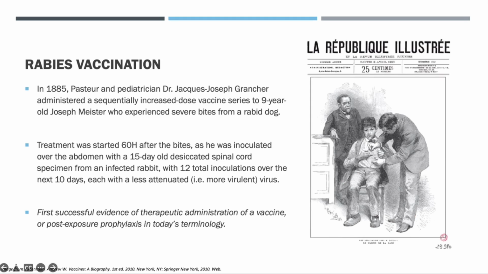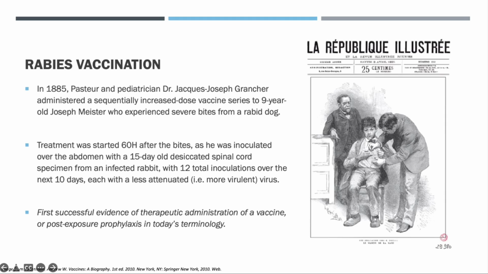So in an experiment that is reminiscent of Jenner's variolation, his cowpox experiment was done with rabies vaccination. There was a 9-year-old boy, Joseph Meister, who experienced a severe bite from a rabid dog.